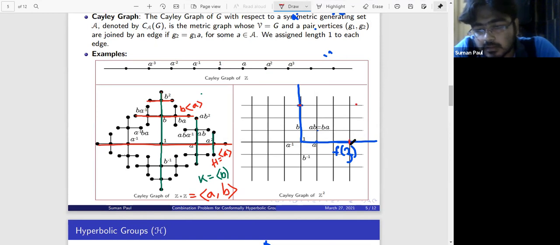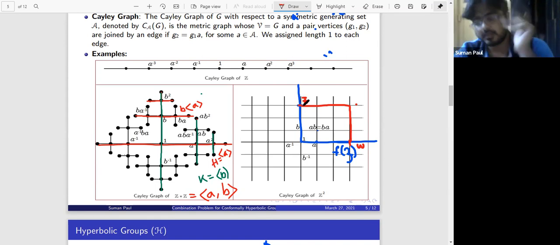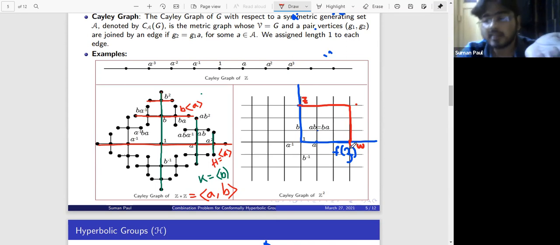Now take any 2 points here. Call this Z and this W. Now you have a geodesic in this Cayley graph, like this, and it is far away from 1, right? So that's why the distance between Z and W in the Floyd metric will be much smaller.